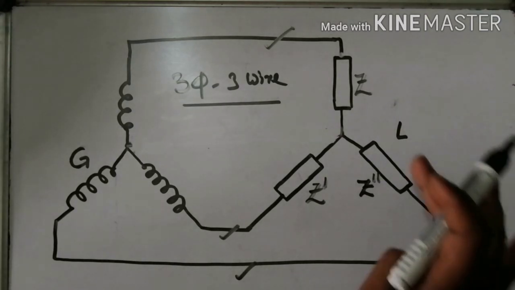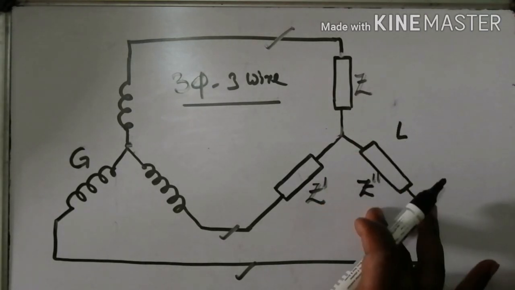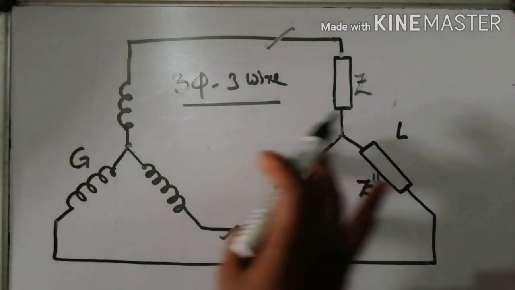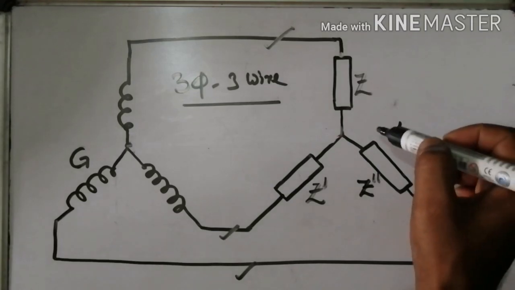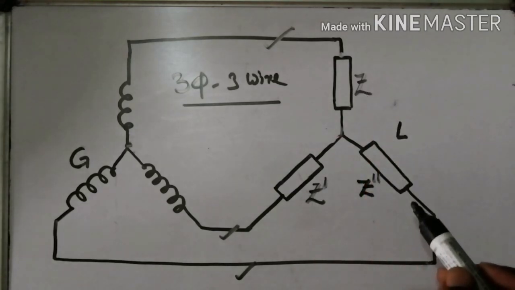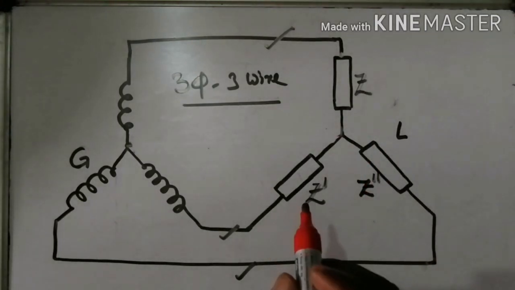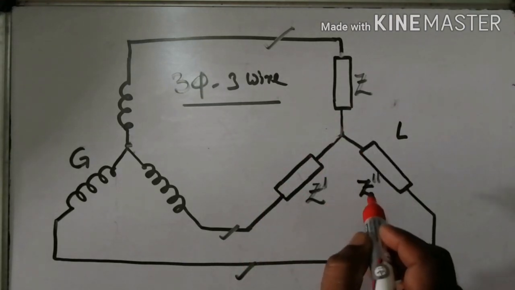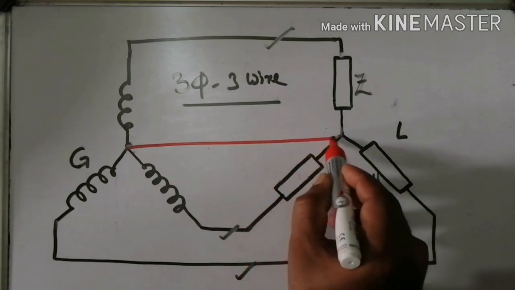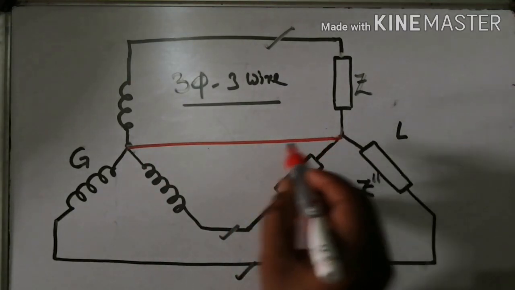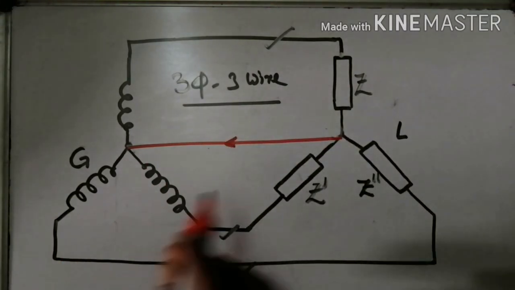Right? The condition is clear. When the load is unequal, then a neutral wire must be provided because some current will flow through the neutral wire.